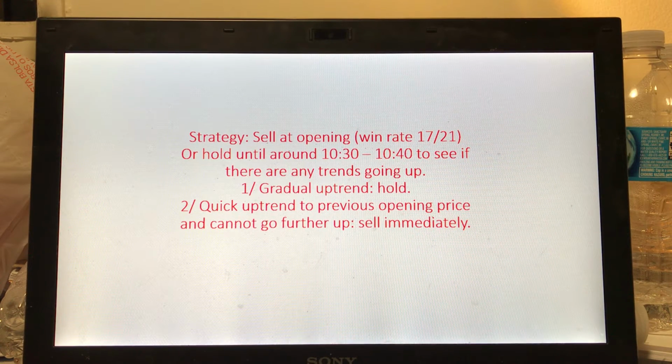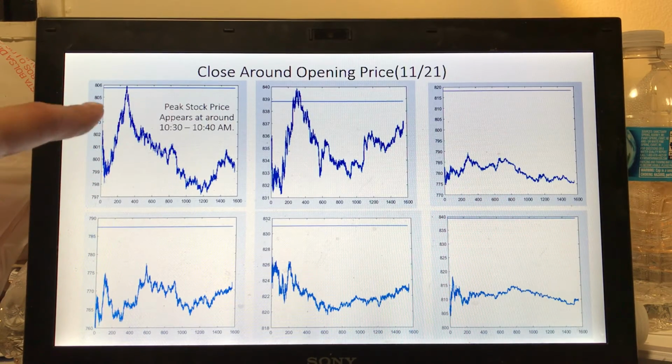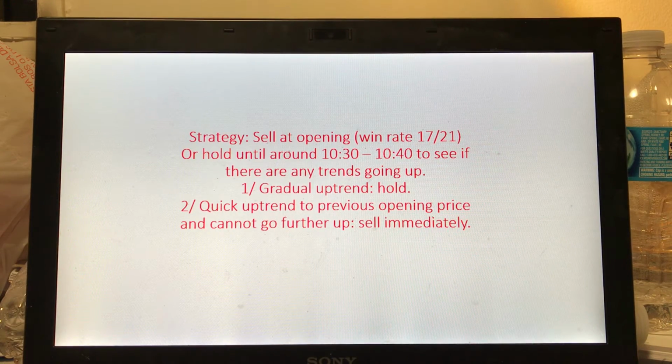Or if you see a quick uptrend to the previous close price, and the stock cannot go further up, and it quickly reaches the previous close price and then immediately drops, then you would like to sell your asset immediately. There's no need for you to wait.